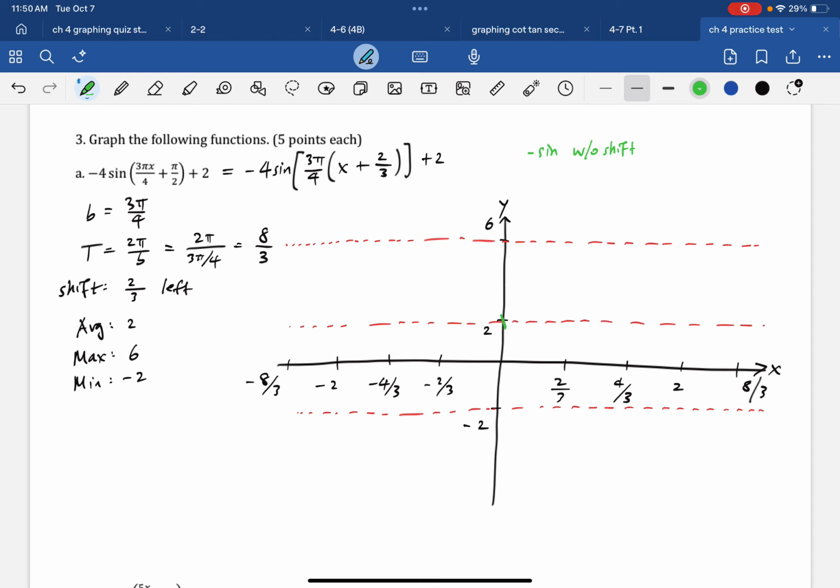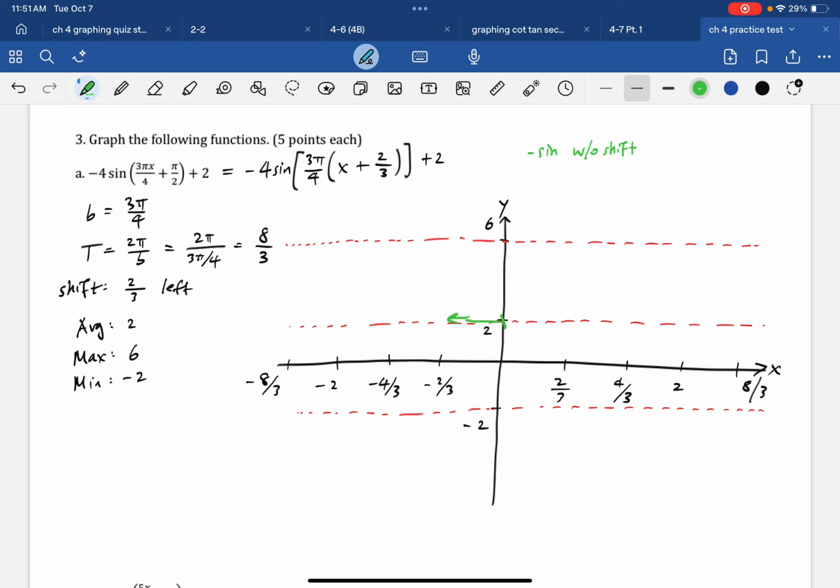And I know that negative sine functions are going to intersect the y-axis with a negative slope. And so that's why I've drawn that line there indicating that it's going to intersect the y-axis with a negative slope. So it's a downward facing tick mark. Next, I've already determined that the shift is going to take this function 2/3 to the left. And so 2/3 to the left simply brings me to this next tick mark over here.